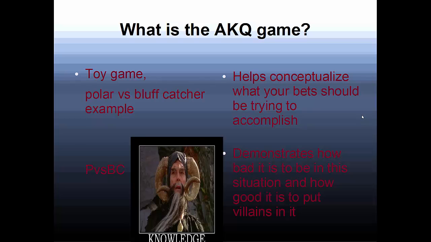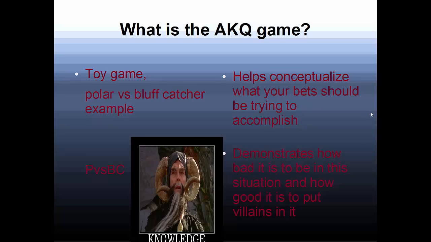Let's say we ante $1 apiece, and we have the option to check or bet $2. Well, your strategy is going to be to never bet your king into my ace or queen, because you can only lose. I'm not going to fold my ace, I'm not going to call with my queen. And then my strategy with the ace or the queen is going to be to bet the ace 100% of the time and bet full pot.